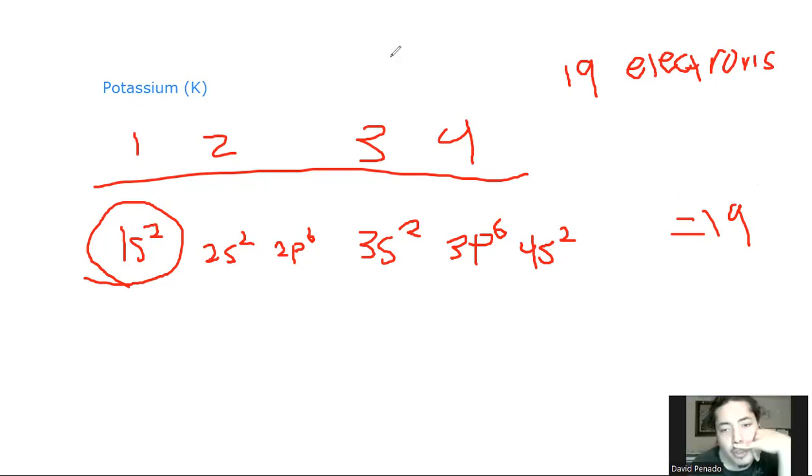Oh wait, so this would be 1. So it's 4s1. Yeah, so Elmani is correct. This is how it's supposed to be.